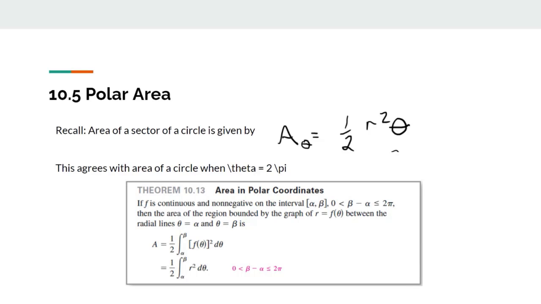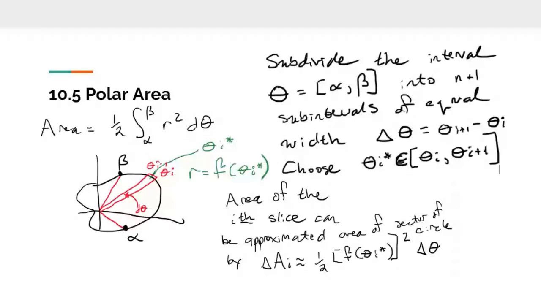One other thing that you might need to know for polar area would be the area between two regions, like inside of one and outside the other. In that case, you would do big R squared minus little r squared in the integrand.